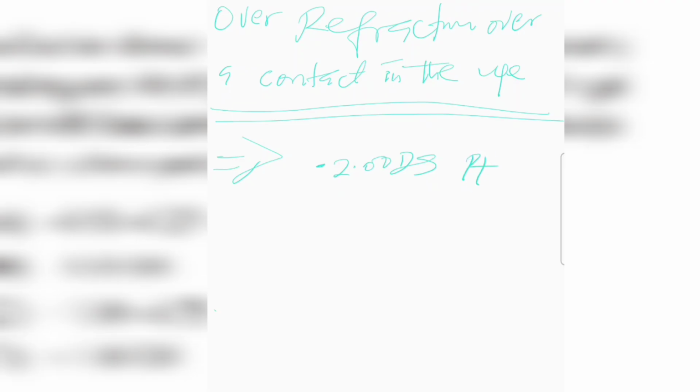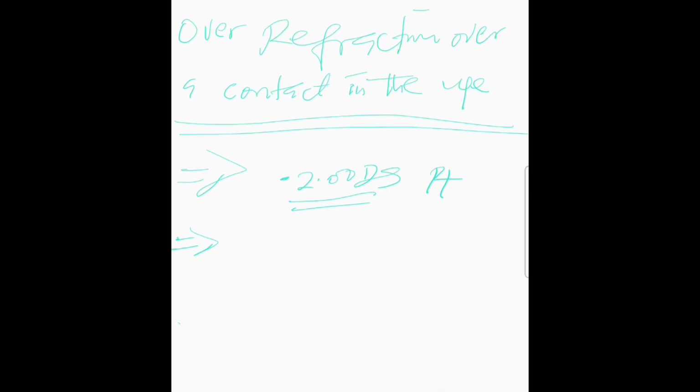Okay, so you now give the patient this power to wear as a contact lens. So when the patient puts on this power, you do another refraction while the patient is wearing it on his or her eye. With this power the patient got 6/6, good.